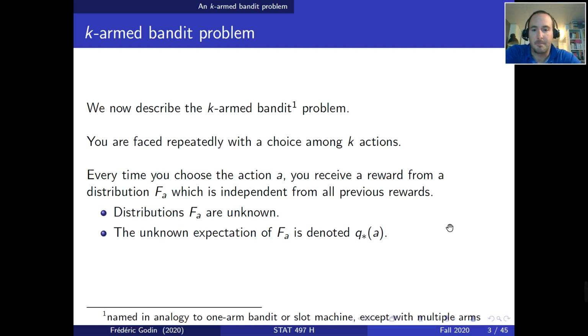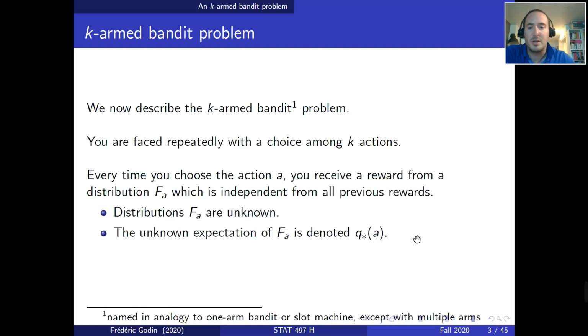Every time you choose an action A, the lever which you pull, you receive a reward drawn randomly from a distribution denoted by FA. Here FA is the distribution associated with the reward when you pull arm A. Furthermore, every time you pull a lever, we assume that the reward you obtain is independent from the rewards you've received in previous steps.